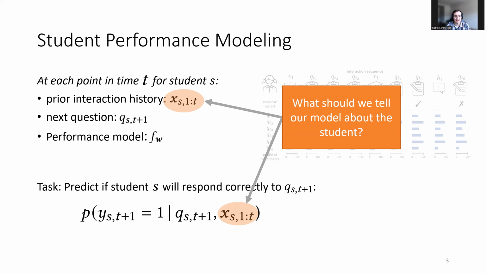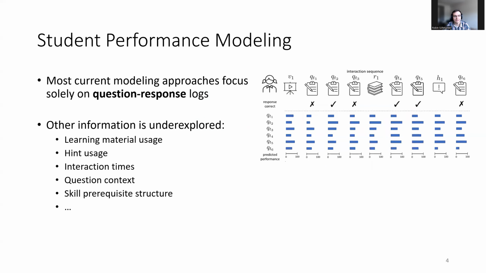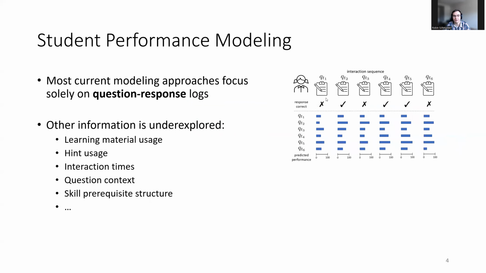If we look at existing models in the literature, we notice that a lot of prior approaches solely focus on question response logs. That means they don't look at all types of learning materials and instead solely focus on which questions the student answers and if they got these individual questions correct or incorrect in the past. Other types of student log data are mostly underexplored.